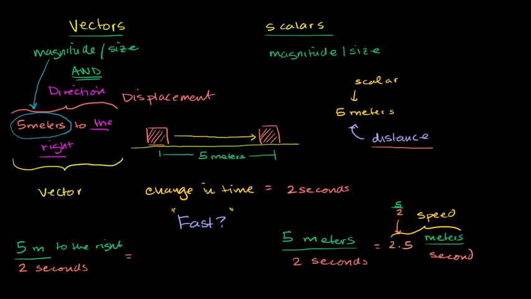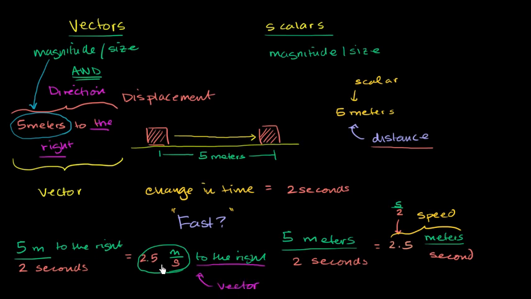We get, once again, 2.5 meters per second to the right. So is this a vector or a scalar quantity? I'm telling you the magnitude of the speed, that's right here, 2.5 meters per second. And I'm also telling you the direction, to the right. So this is a vector quantity.